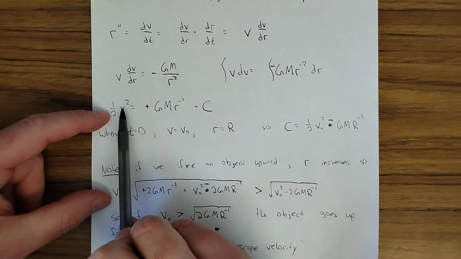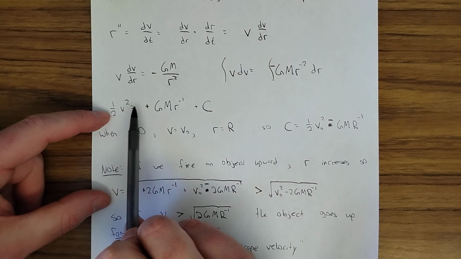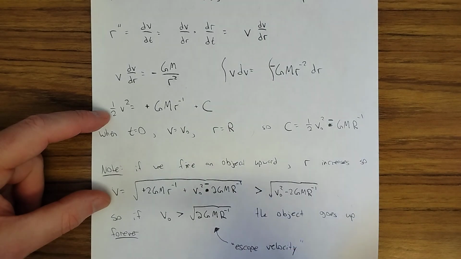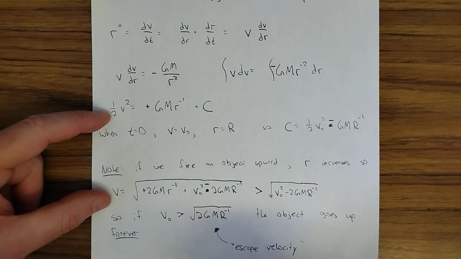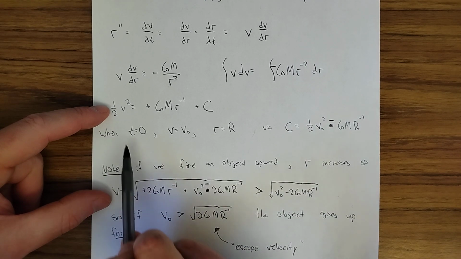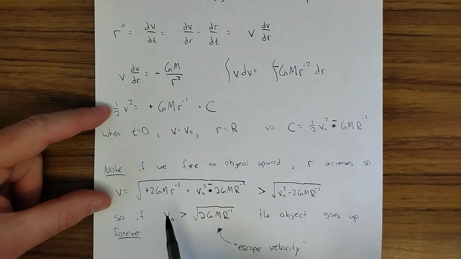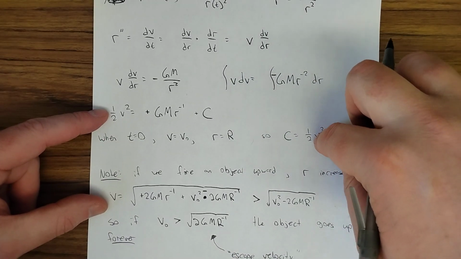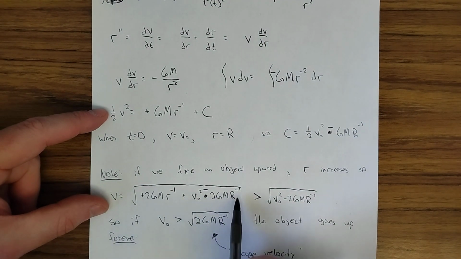And maybe when I took the square root, I should write plus or minus, but we're imagining that we fired this object upward, and we're trying to figure out what is the initial velocity that keeps it moving upward forever. So I'm going to take the positive square root. So I take the positive square root, I solve this for v, and of course I put in this c value there, so that's there.